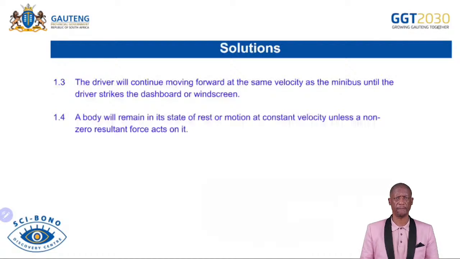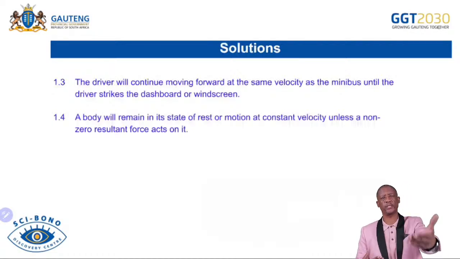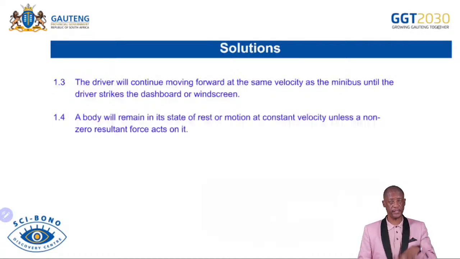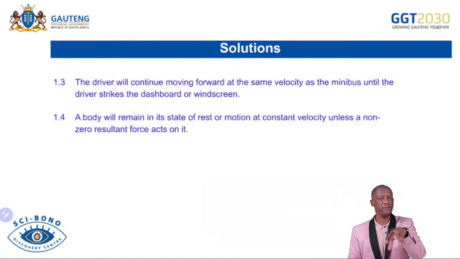We spoke about it. We'll continue with the same motion of the car. Remember, if you are sitting in the car and the car is traveling at 120 kilometers per hour, it means as a passenger or a driver, you are traveling with the same speed as the car.